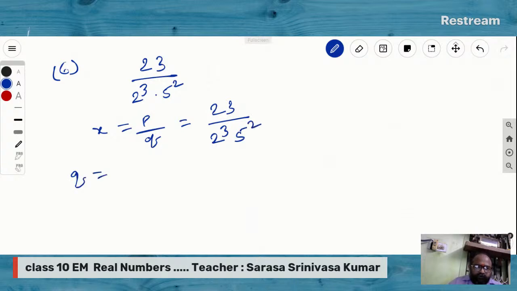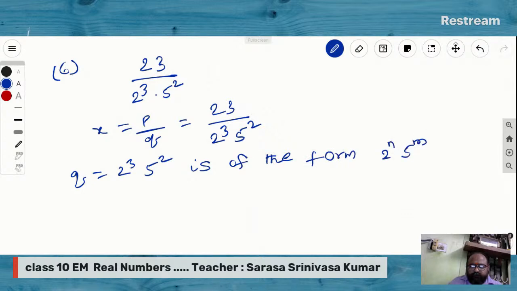Q equal to 2 cube 5 square is of the form 2 power n 5 power m. Therefore, 23 by 2 cube 5 square has a terminating decimal form.